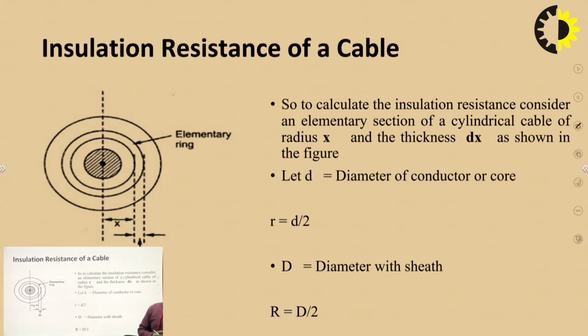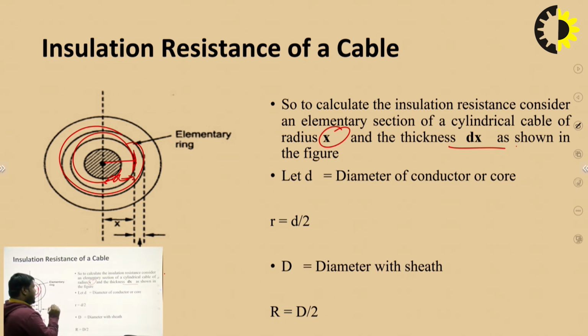Let us consider an elementary section of a cylindrical cable of radius x and thickness dx, as shown in the figure. This is taken to be small x, and the differential part of it is taken as dx. Let d equal the diameter of the conductor or core.